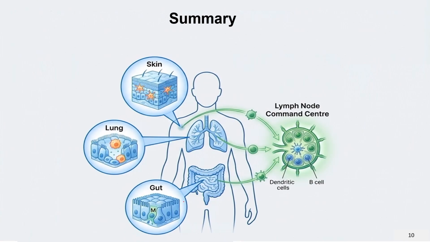Gut is a site because we take in a lot of food which may contain pathogens or other harmful substances, and it has to be processed through the gut epithelium. So these 3 are the important ones. And then we have the counter mechanism where things can be curtailed in a different way after sensitizing the immune response in a proper fashion.